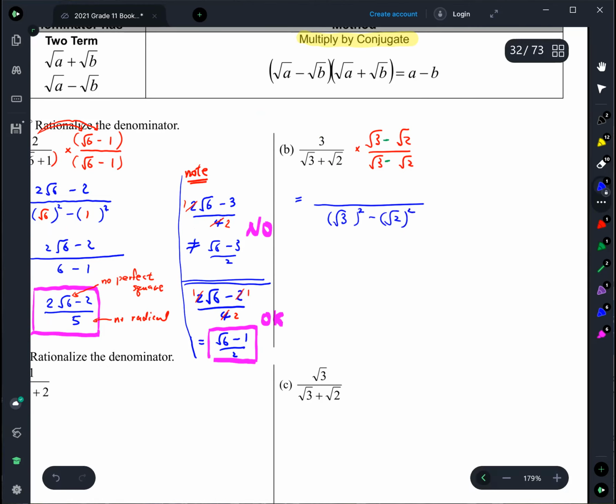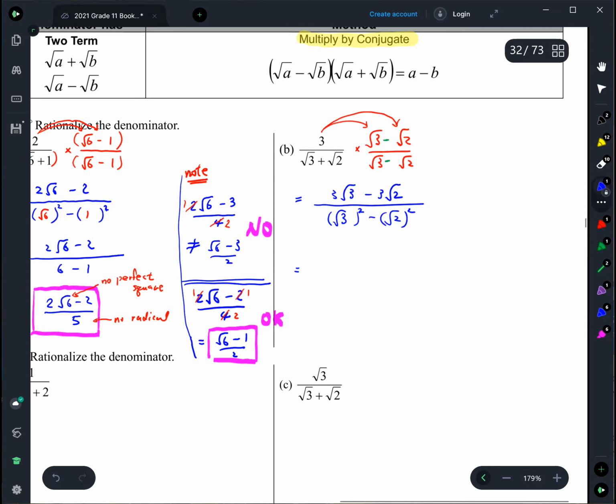And Isabella, what about numerator? 3 and then square root 3 minus 3 square root 2. Okay, so the 3 needs to share with both terms in the numerator.